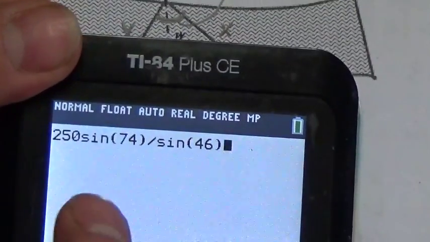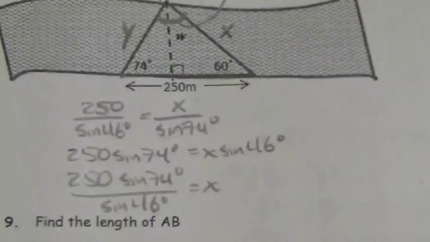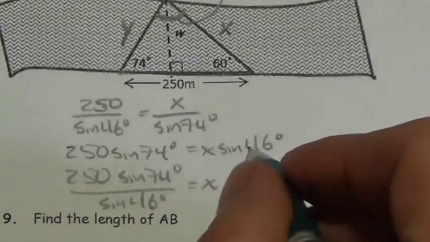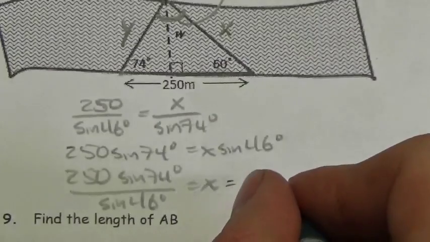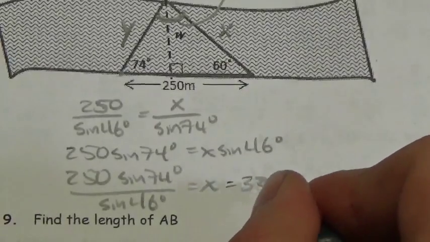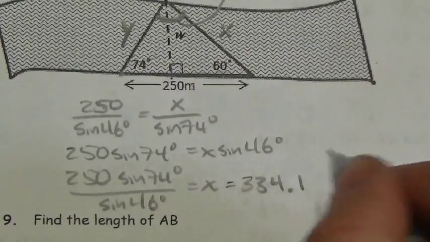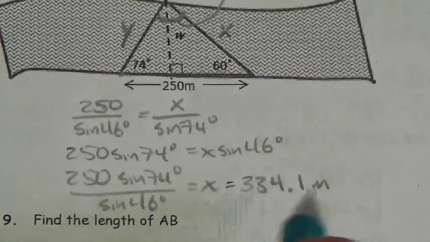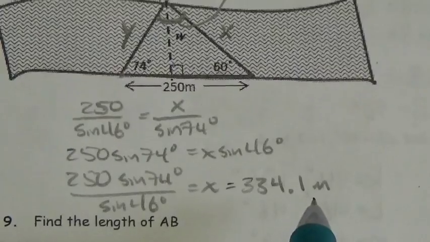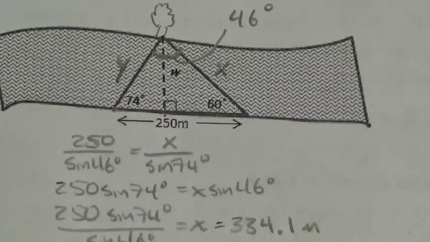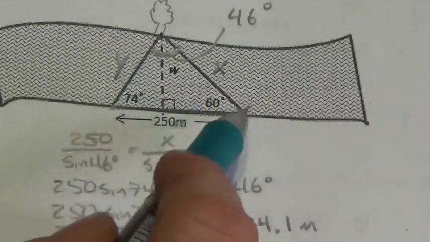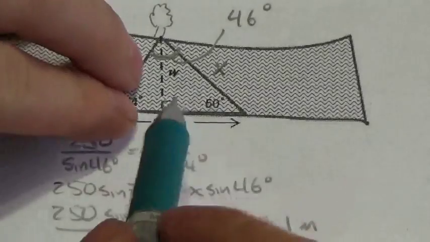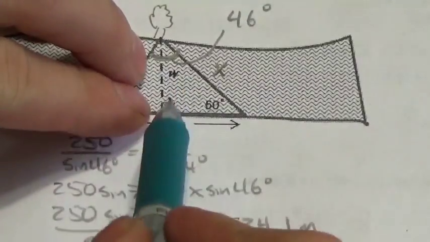I'm making sure to close the parentheses after the angles, press enter, and I am getting, rounded to the nearest tenth here, 334.1 meters. Now I'm going to leave the actual number that I got in my calculator here because I'm going to need that number in just a second. Okay, now that is the length of this side. Now what I really want is the distance straight across, the width here.